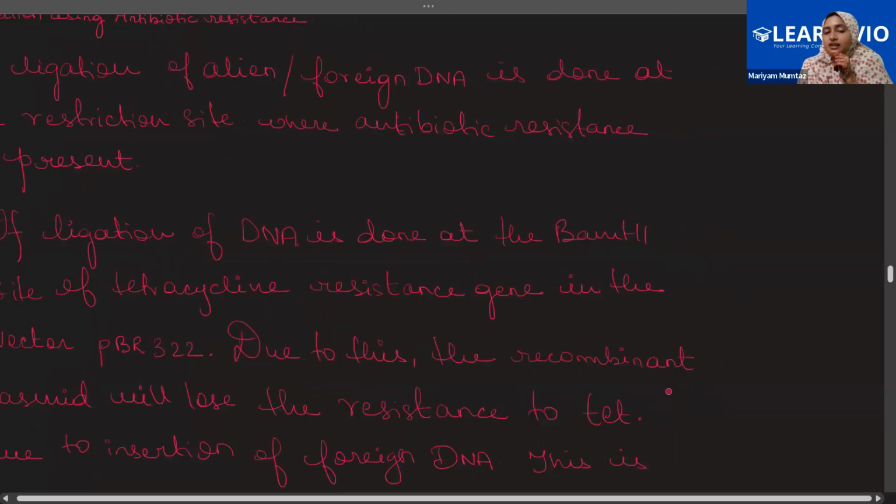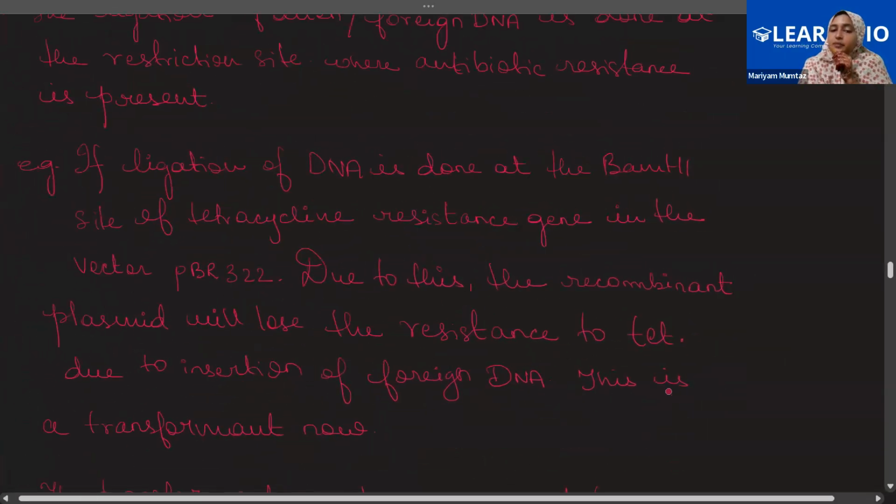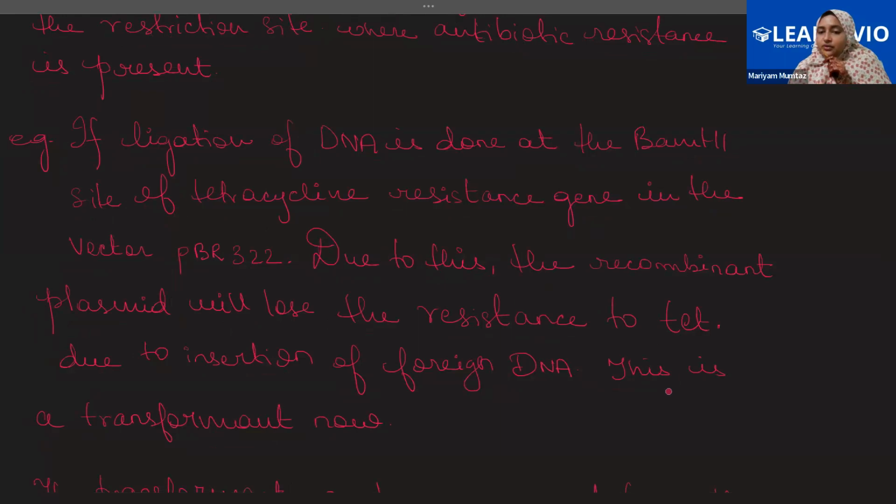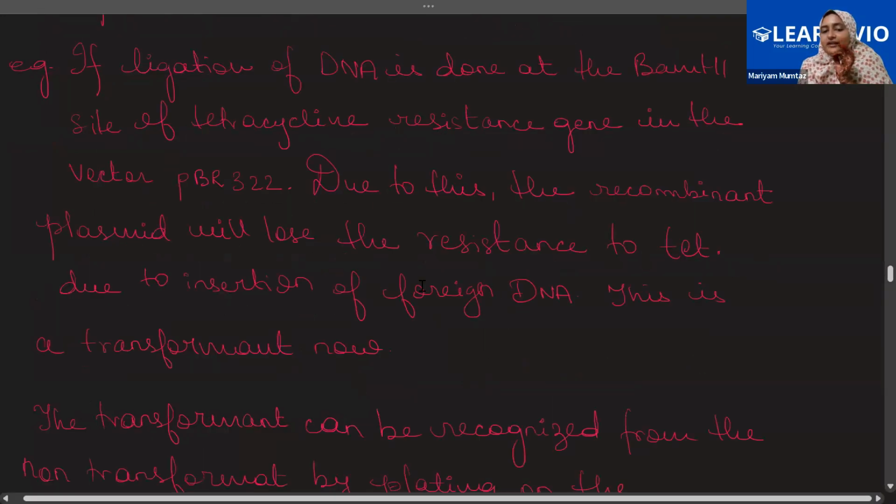So due to this, the recombinant plasmid will lose the resistance to tetracycline due to insertion of foreign DNA. And we say that this plasmid is now a transformant. It has been transformed because it has now a new gene in it. That is an alien piece of DNA. Alien means foreign, not actually alien.